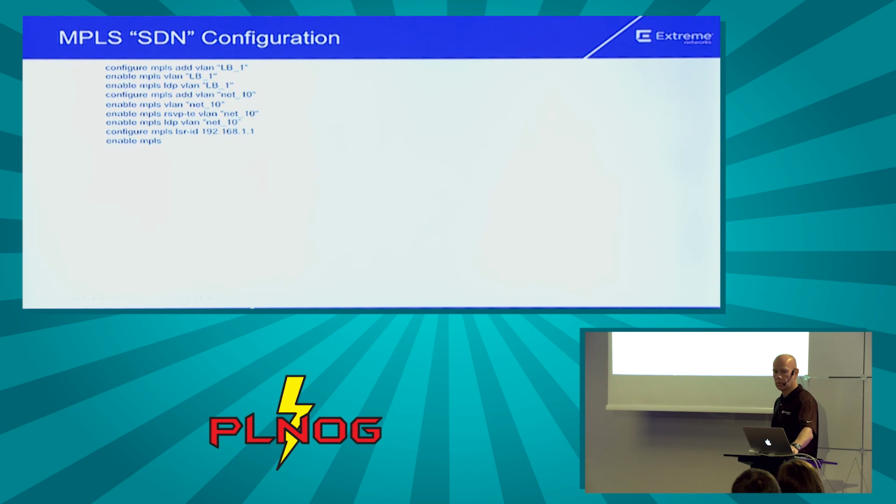Now, if you look at the same config with the SDN flows created, the only thing you have is a couple of lines configured for MPLS for the connectivity from the LER to the LSR. But for the RSVP part, you don't have anything, because you do not have any signaling happening for the LSPs. For the VPLS part, the same thing.